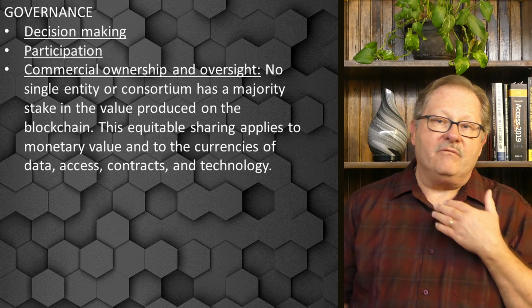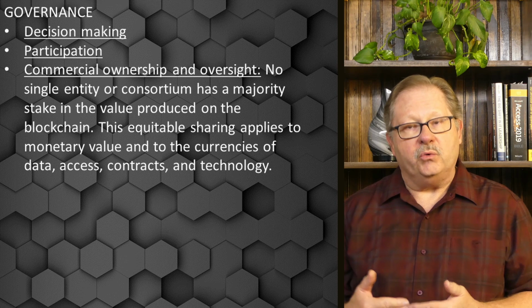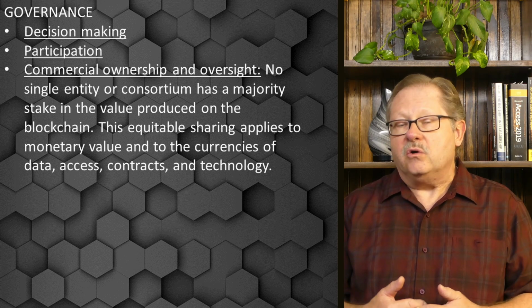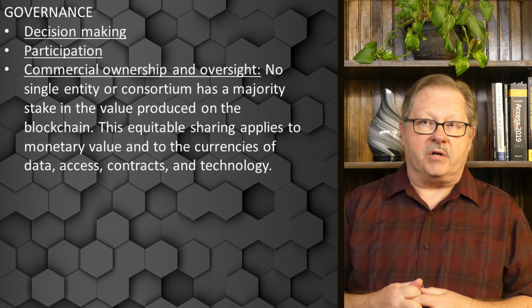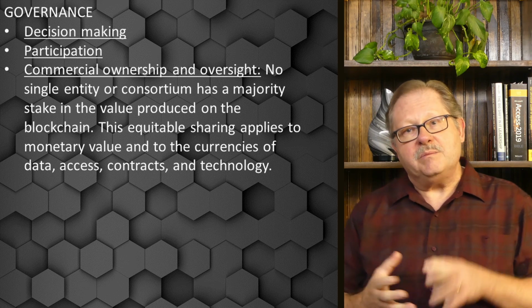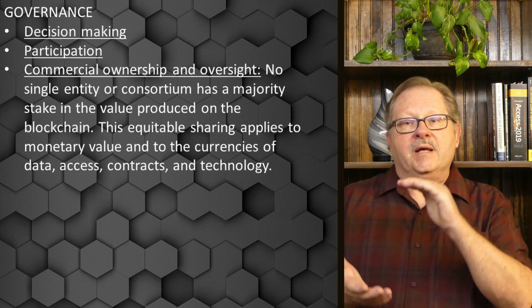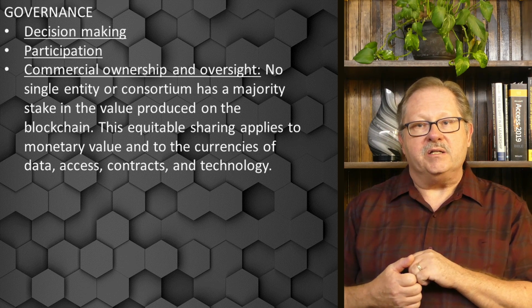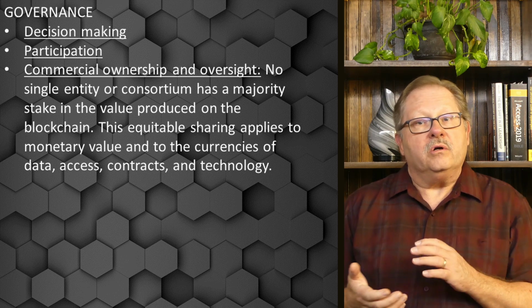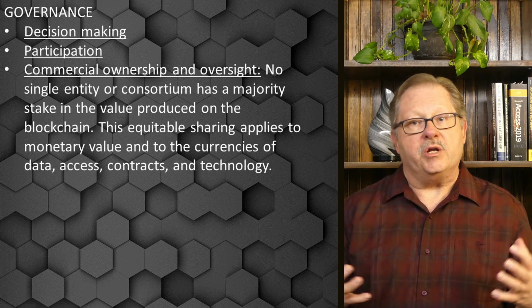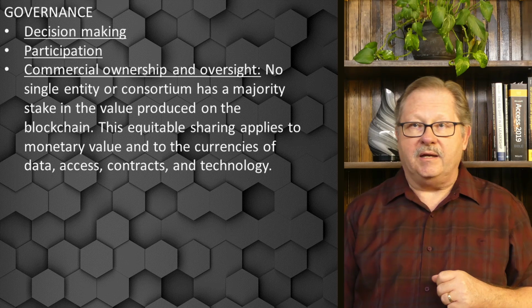So everything needs to be shared equitably within the blockchain according to the blockchain rules. Usually those are written into smart contracts. So that's the picture of the governance model that needs to exist if you're making a decision to join or go with a blockchain or to create a blockchain with a consortium of companies that you've pulled together.